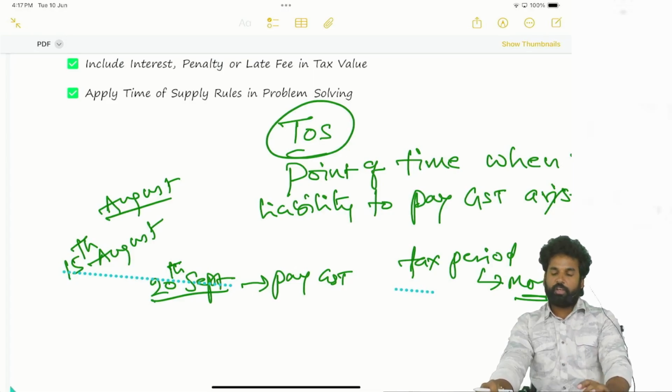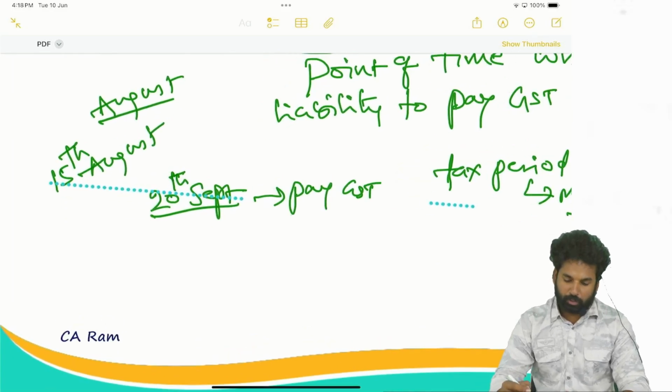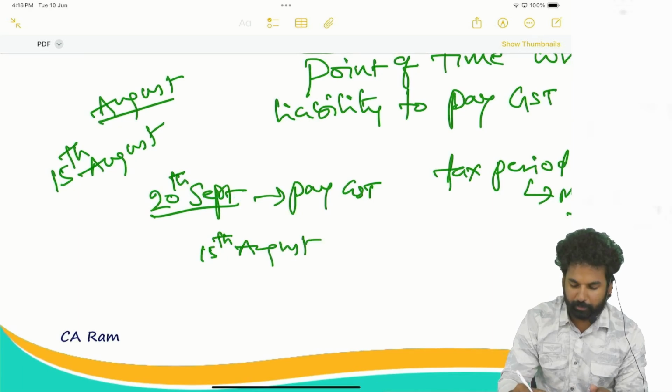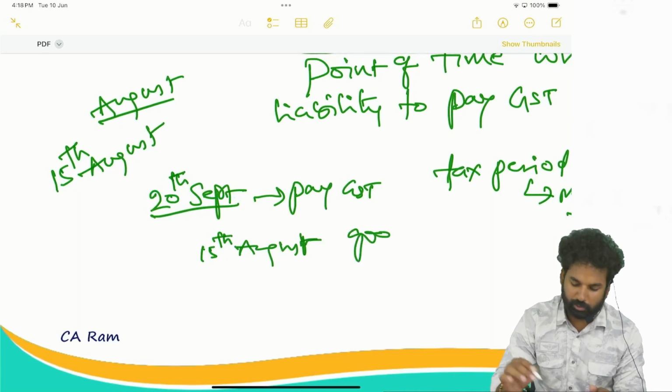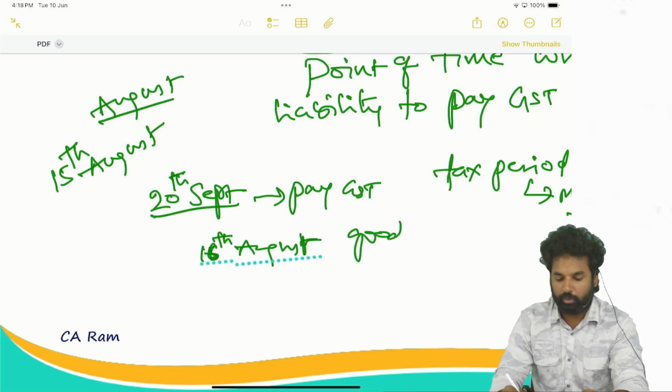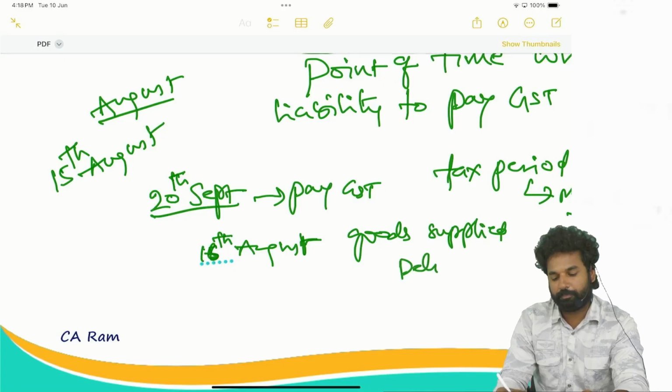So how will we determine it? Say on 15th August goods supplied. Or, your concern, you may take it as a public holiday, so 16th August goods supplied. Goods supplied means goods delivered.